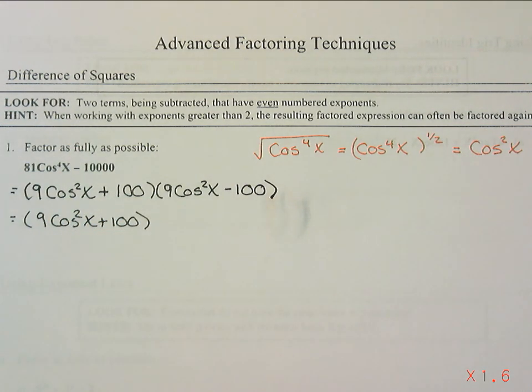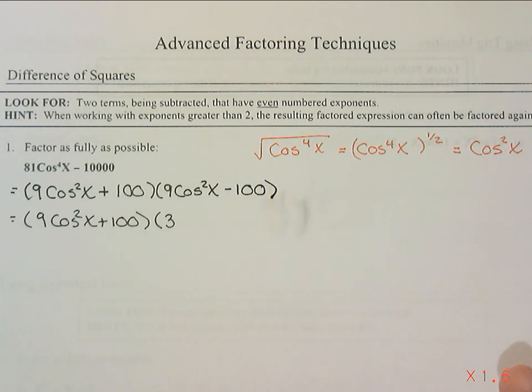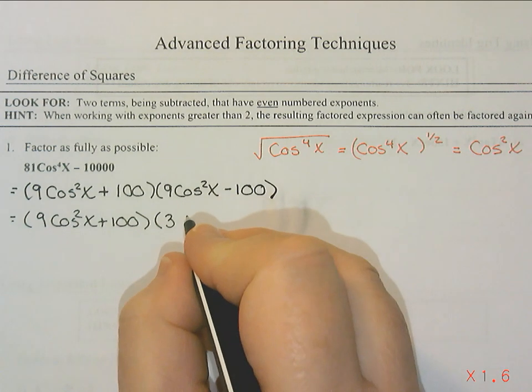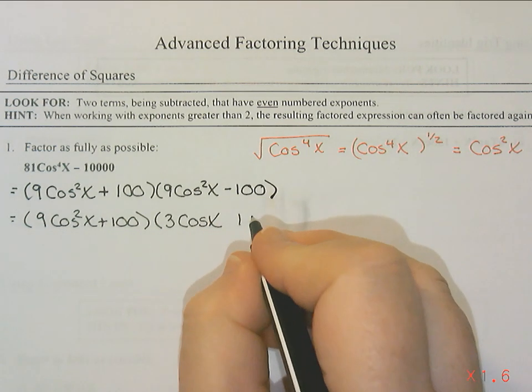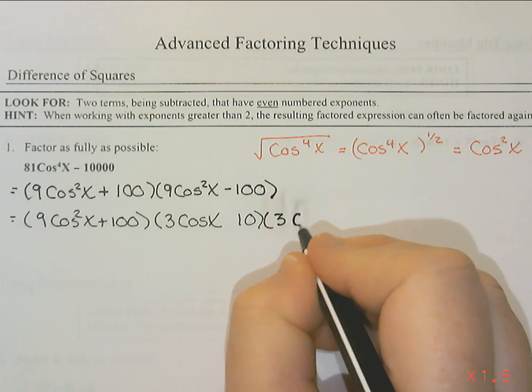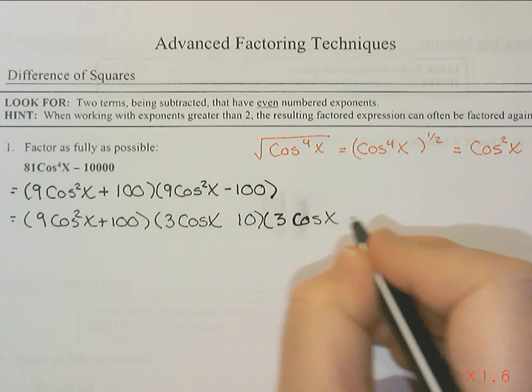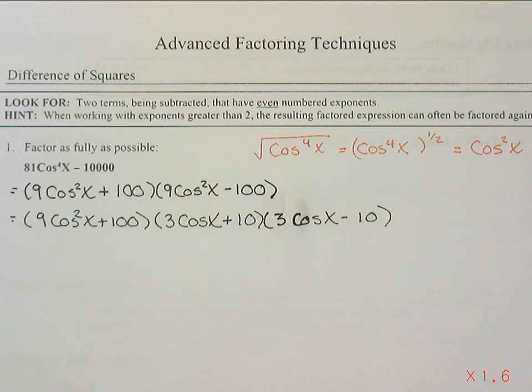And then my second bracket, we're going to do a difference of squares. The square root of 9 is 3. The square root of cosine squared x is just cosine x. The square root of 100 is 10. And then we repeat those same things. One of them we're going to put plus, one of them we're going to put minus.